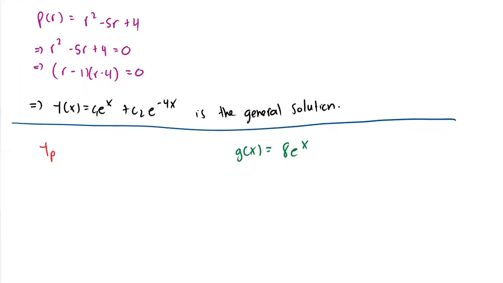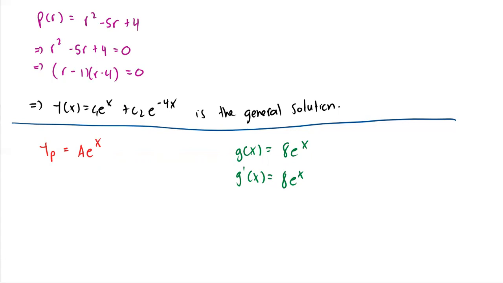In this case, it's pretty obvious, but if you're not convinced, take one derivative and you just get itself. No matter how many derivatives you take of g of x, you're only going to get 8 times e to the x. So the only term we have to include is e to the x in our particular solution. So we're going to include a constant times e to the x. Now this should work, right? We could just plug this in and we should be able to solve for A.